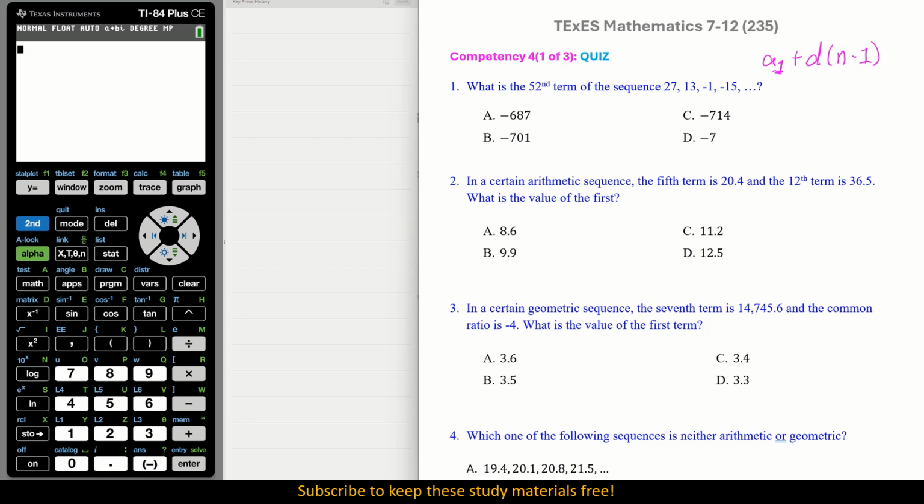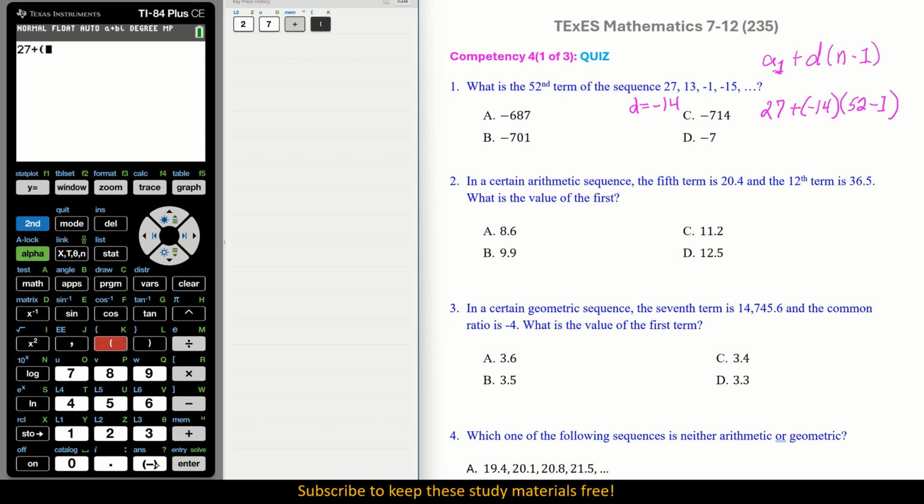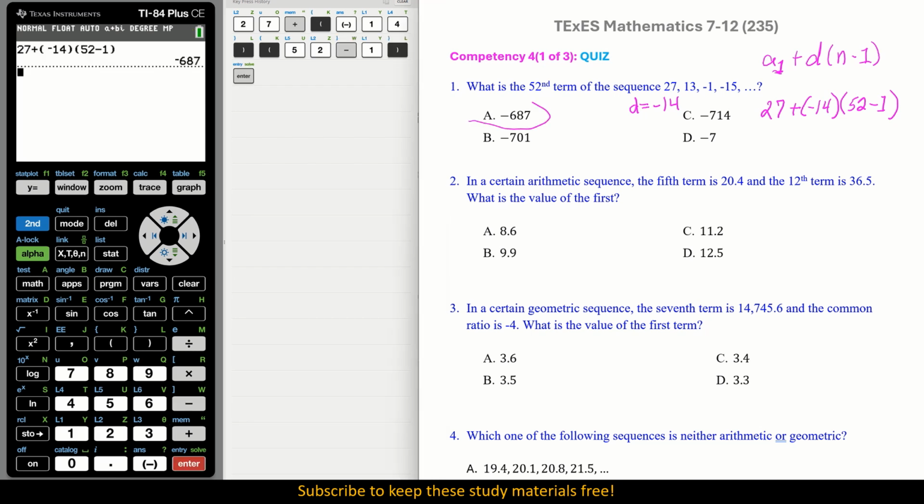Or we could directly approach it and say 27 plus, this has a common difference of minus 14, so in parentheses minus 14, and then that would be 52 minus 1. I'm going to put it in exactly the way I wrote it. So that would be 52 minus 1. I know it's not all necessary, but there's our solution.